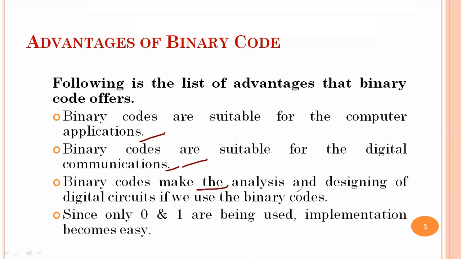Binary codes make the analysis and designing of digital circuits easy, and since 0 and 1 are used, implementation becomes easy. We need not design a huge number of complex equations to represent the data in digital form. It is just represented in 0 and 1. Clear?